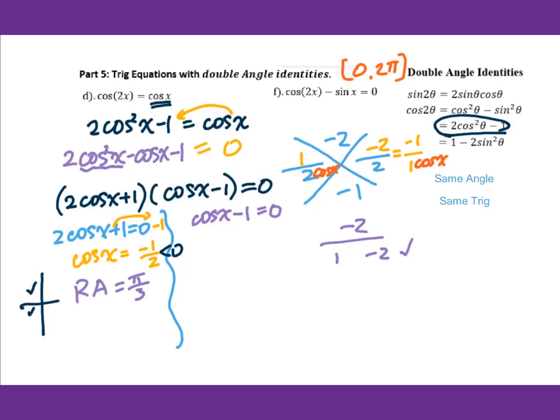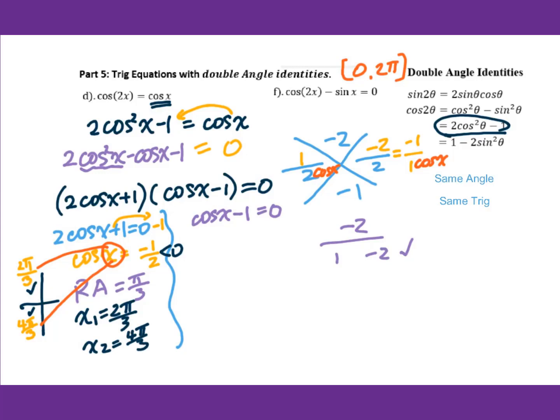You will get 2 pi over 3 and 4 pi over 3. Check the angle here, that's x. So we write down x1 equals 2 pi over 3 and x2 equals 4 pi over 3.